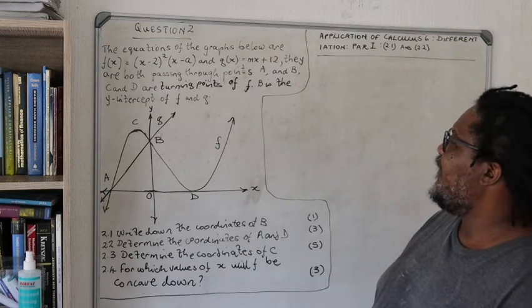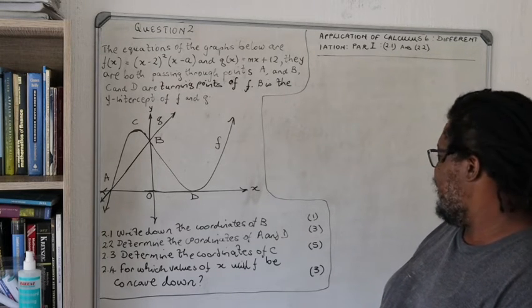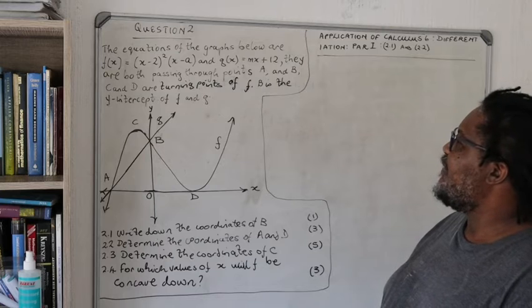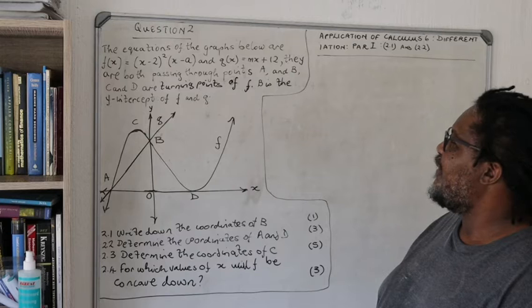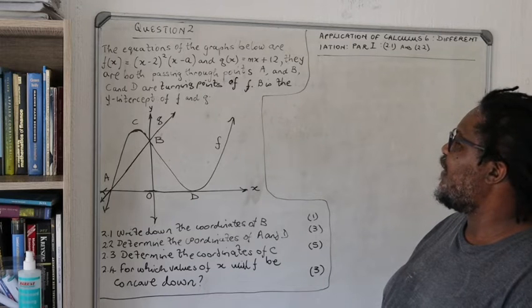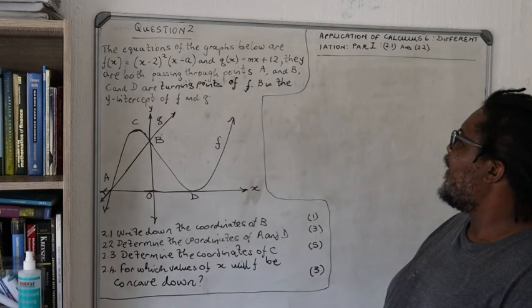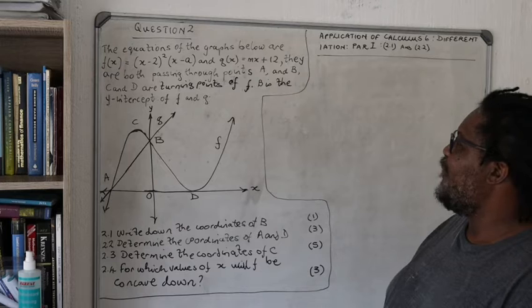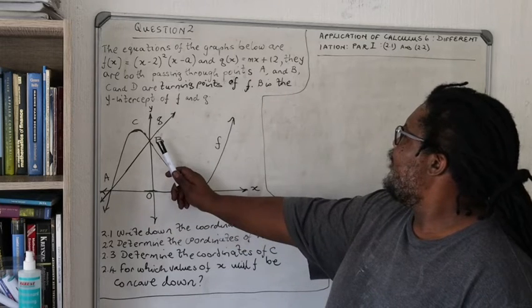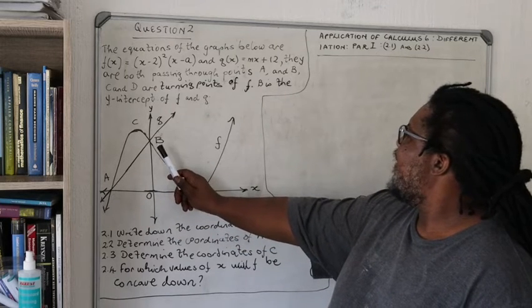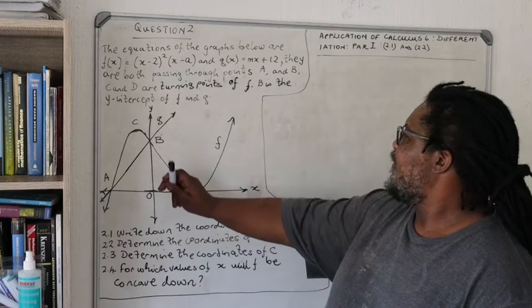So the question here, we named it question 2, and the question reads: the equations of the graphs below are f(x) = (x - 2)^2 (x - a) and g(x) = mx + 12.